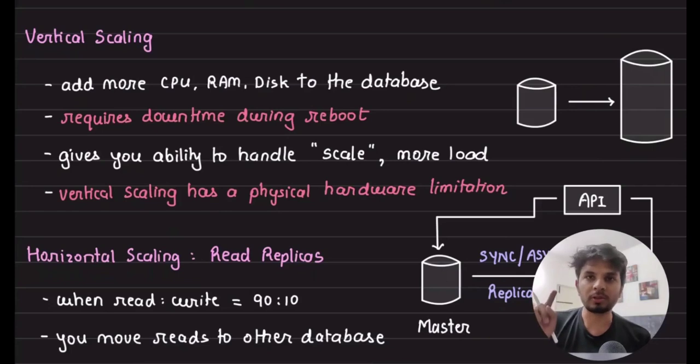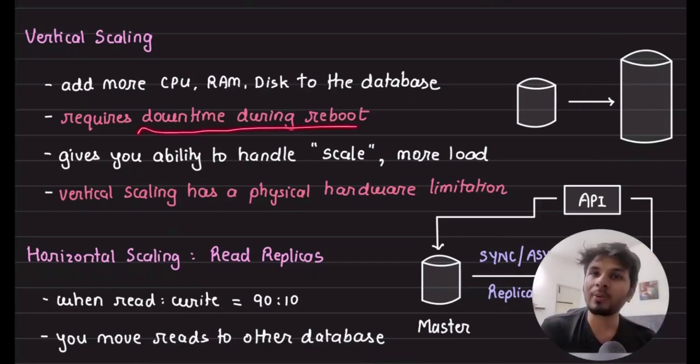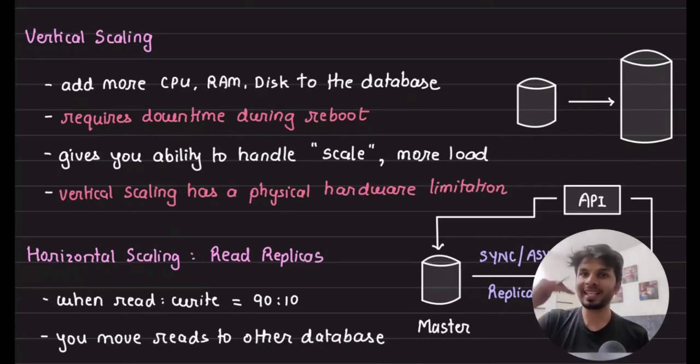Although your cloud provider abstracts out all the complexities, it would still require a downtime because the database would reboot at that time. So whenever you are scaling up vertically, there is a short duration of time where the database would be unavailable, which means your system would have a small downtime.